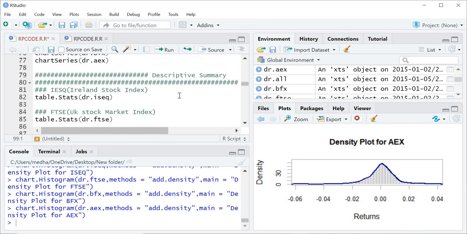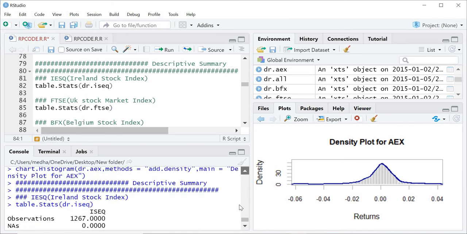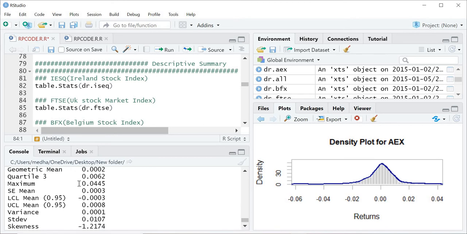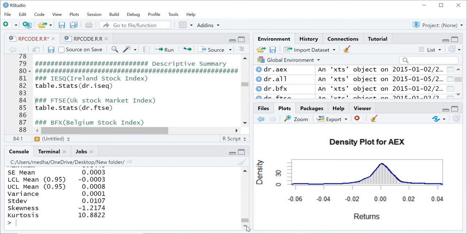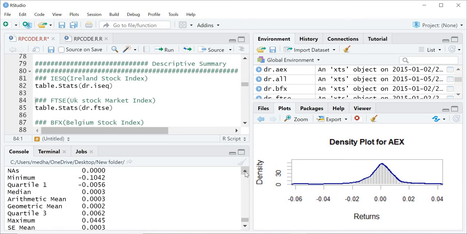So here if I look at the statistical properties of the market return index data, I could see that in ISEQ my maximum return for the holding period is approximately 4.45%, and the minimum return seen on the index is a negative 10.42.